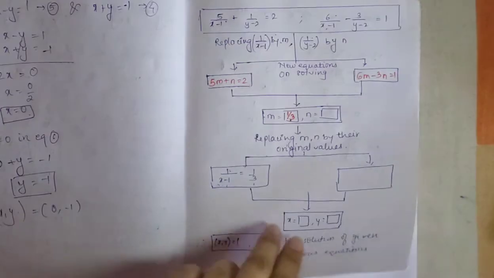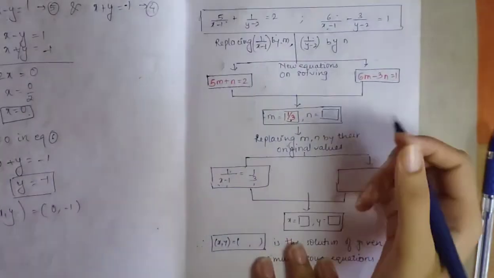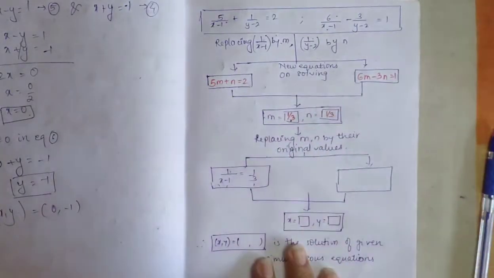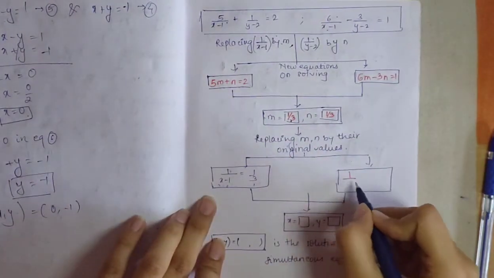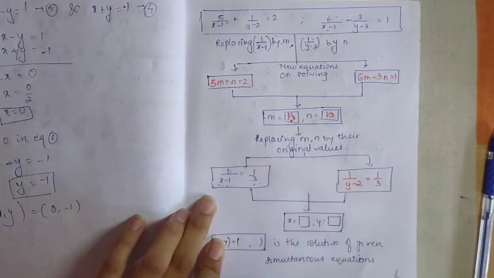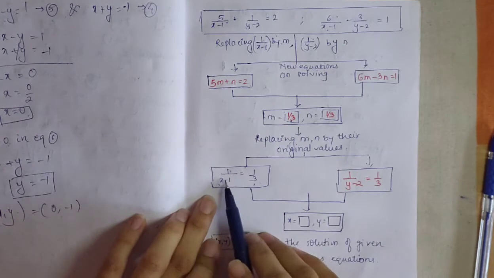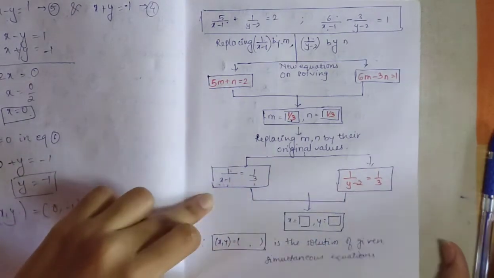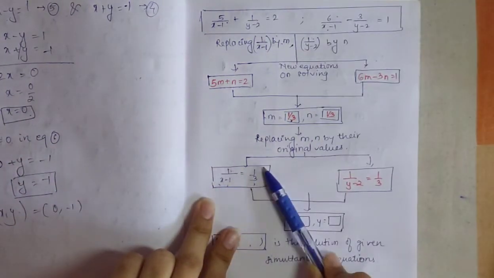Okay. So after solving, what would you get? n is equal to 1 by 3. Same. Now your 1 by y minus 2 is equal to 1 by 3. Now what you have to do is you need to solve these. So your 1 by x minus 1 is equal to 1 by 3.